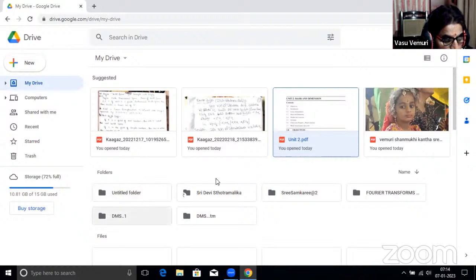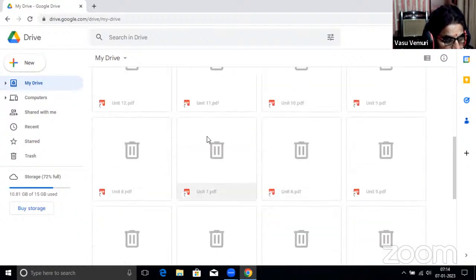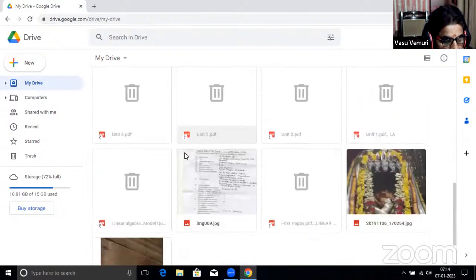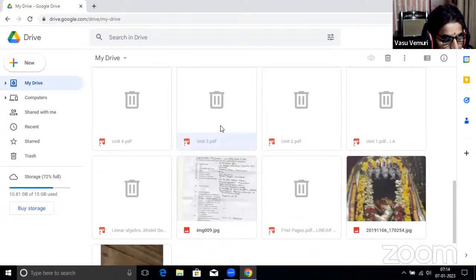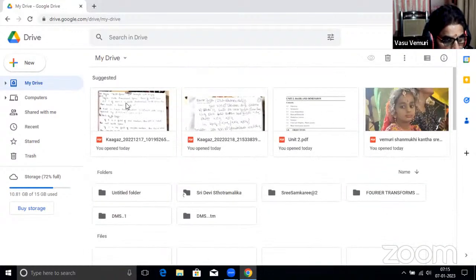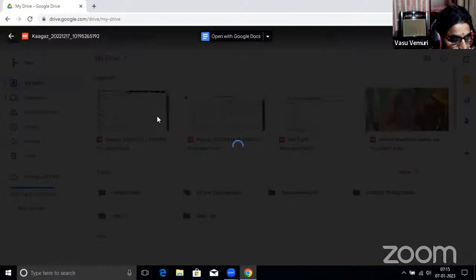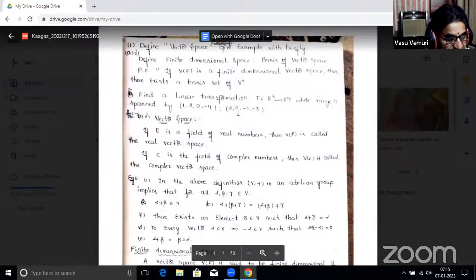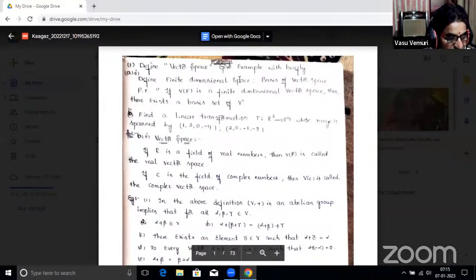Next one, what is the quotient space? Just see here. One question is to define vector space and give an example briefly. This is also one of the questions.